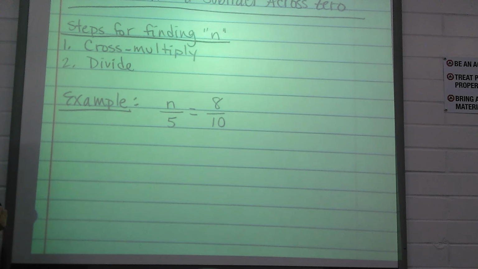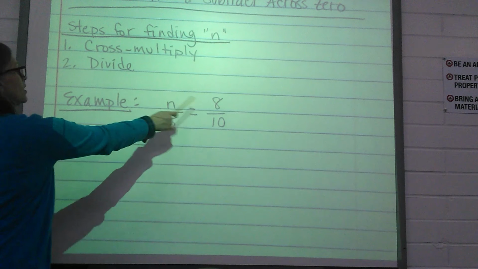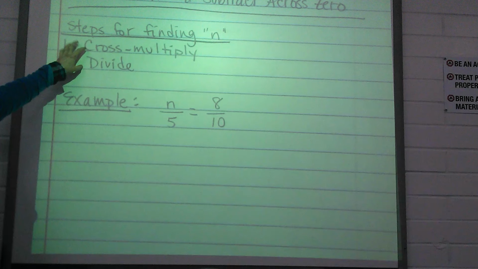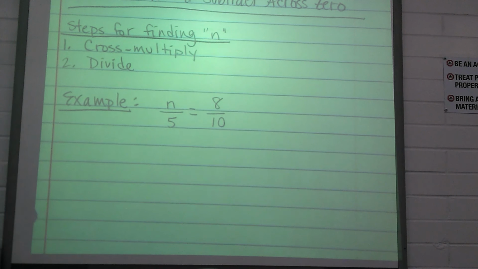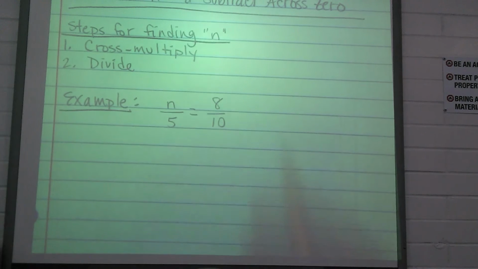Now some of you guys are saying, oh, I know what that is right away because I know 5 times 2 equals 10, so what times 2 equals 8? Great, that's one way to solve it, but that way is not going to work every single time, which is why I'm not going to use it for this lesson focus, okay? I'm going to focus on what I know is going to work every single time, because the next example I give you isn't going to work that way, but it will always work if you use these two steps up here. Okay, so I'm going to do a little cross multiplying.